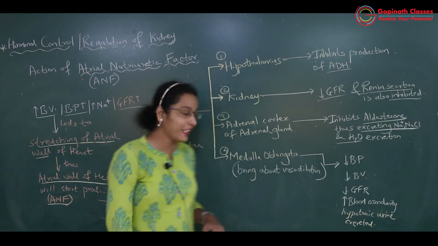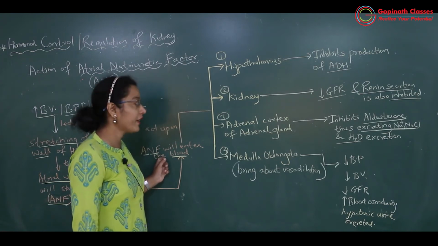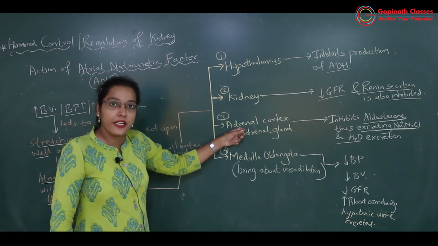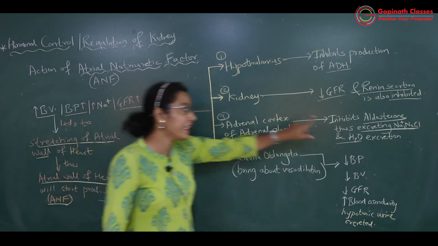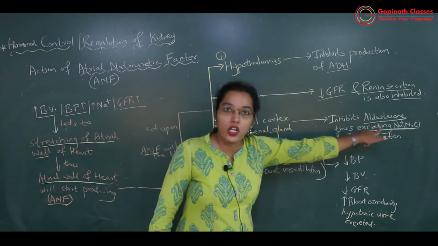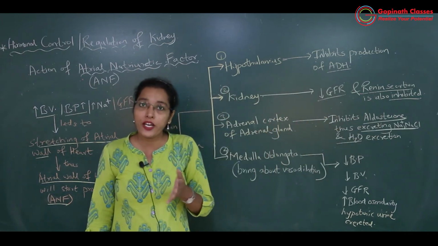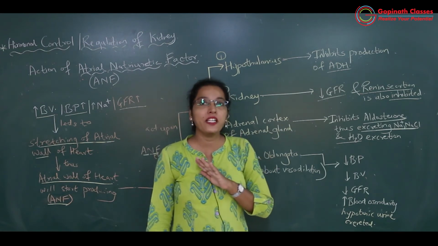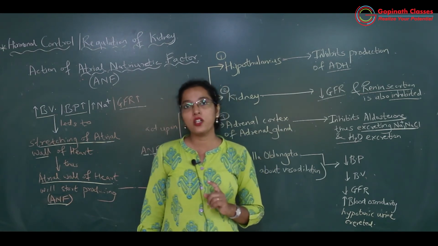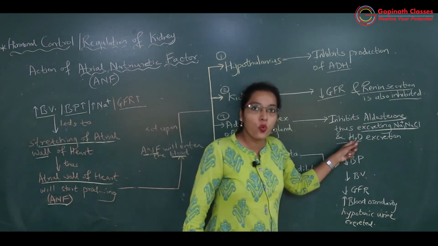So what will be the activity of the ANF, that is atrial natriuretic factor over the adrenal cortex? It will stop or else inhibit production of aldosterone. aldosterone का production अगर stop हो गया तो उसका activity भी stop हो जाएगा. Okay, so there will be no more reabsorption of the sodium ions and there will be no more reabsorption of water.